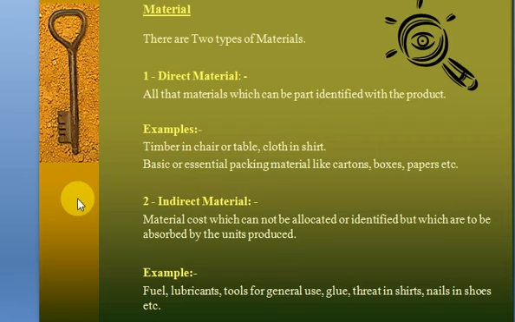So direct materials are those materials which are the essential part of the finished products, from which the products can be identified. Those materials are the dominant and identified parts of the finished form. For example, in a table, the direct material is wood.